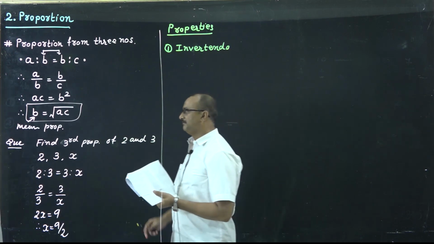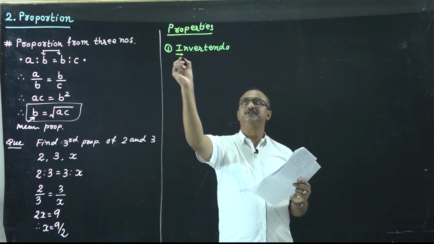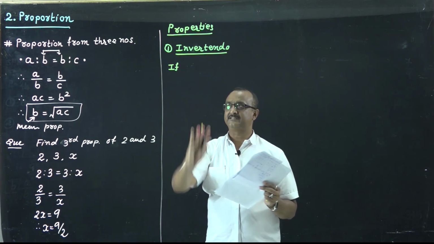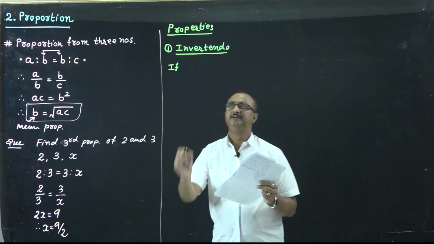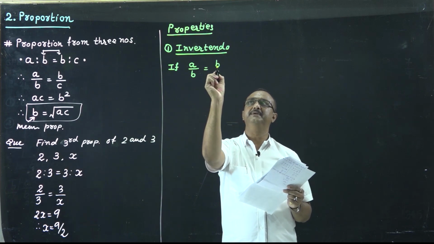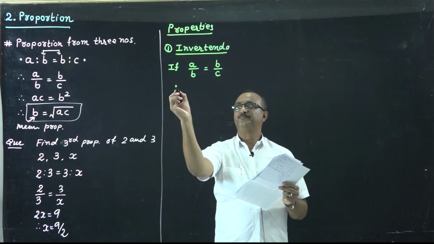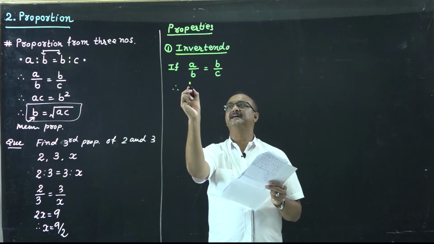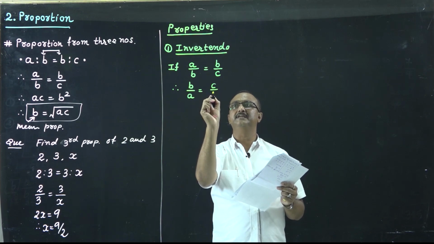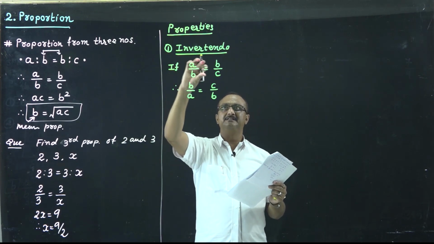Invertendo actually, what is invertendo? See, we will try to understand by an example. If A upon B is equal to B upon C, therefore it can also be written as B upon A is equal to C upon B. Invertendo means we can invert the given terms.